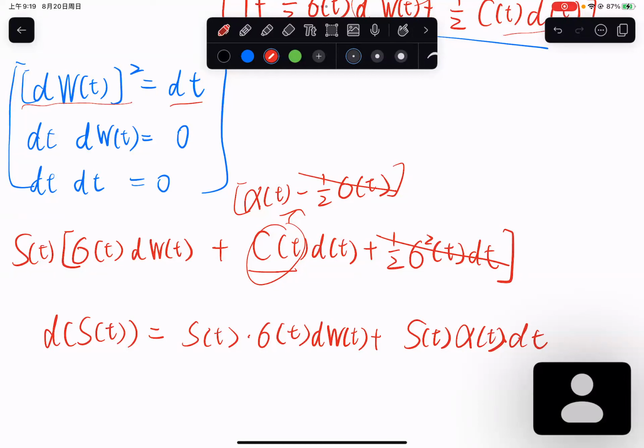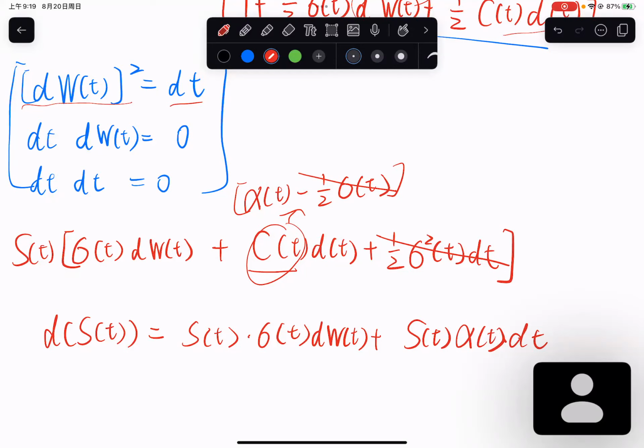Okay, so this is the general case. Basically, all the non-negative and time risk neutral things can be deduced by this general formula. Okay?